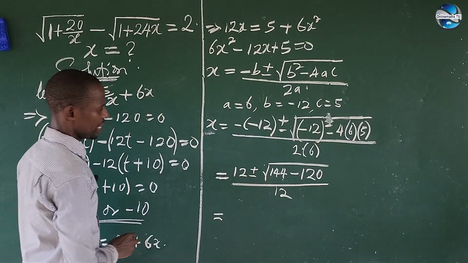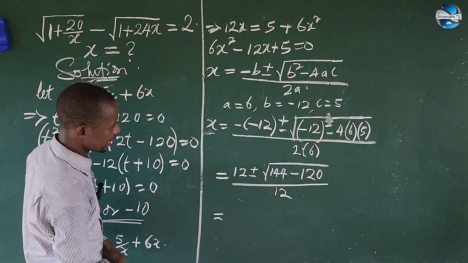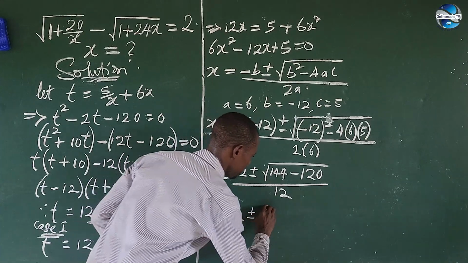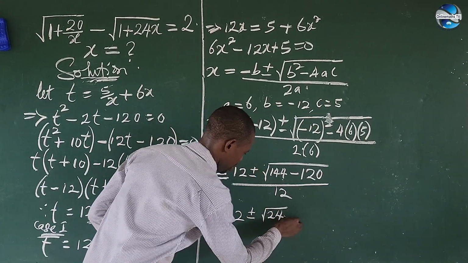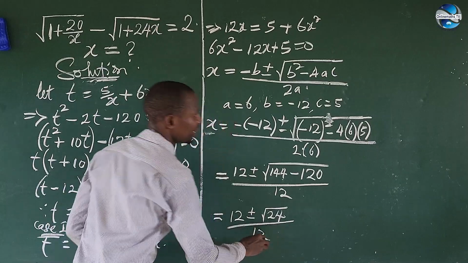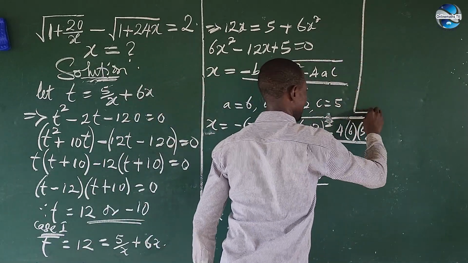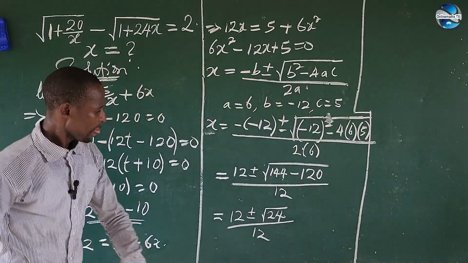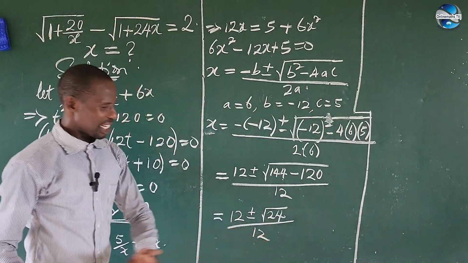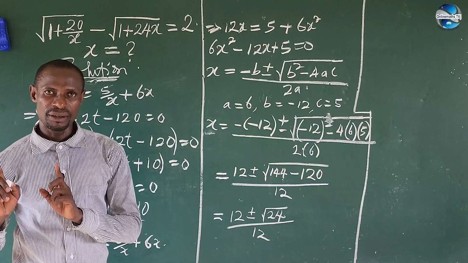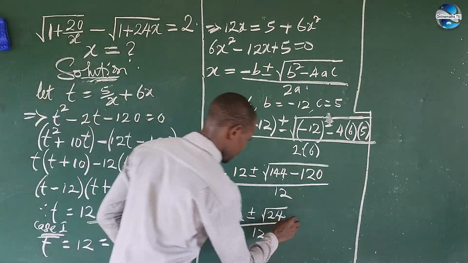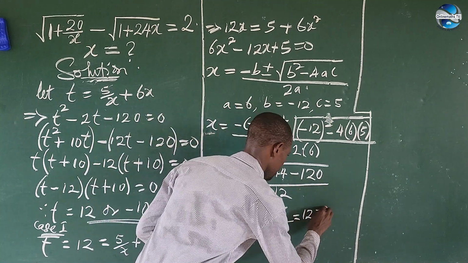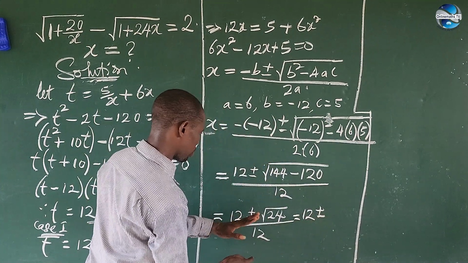So again, we factorize this. This will give us 24. So we have 12 plus or minus the square root of 24 all over 12. Again, let's continue on this side. I told you that this Singapore radical equation is a tough one. So 24 can be expressed as 4 times 6, right? So let's quickly express this. This will now give us 12 plus or minus the square root of 4, which gives us 2.